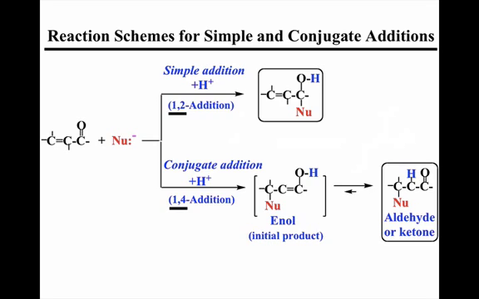And so you can go through these conjugate additions, which give you these enol products, which tautomerize back to the ketone or the aldehyde. And so we can imagine adding the nucleophile at the Michael carbon, leaving the ketone alone or the aldehyde alone, or we can imagine the nucleophile attacking the carbon of the carbonyl, leaving the alkene alone and changing the carbonyl to an alcohol.